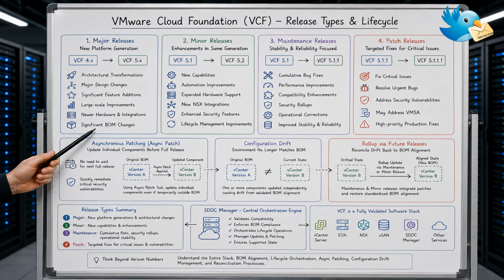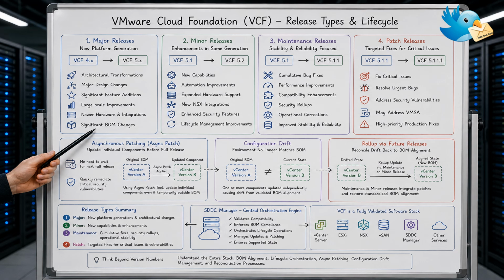So VMware Cloud Foundation follows a structured versioning hierarchy which consists of major release, minor release, maintenance release, and patch release. I already explained major release, right? Major release represents a new platform generation and architectural transformation. We already discussed the example from VCF 4.x to 5.x or from VCF 5.x to 9.x.